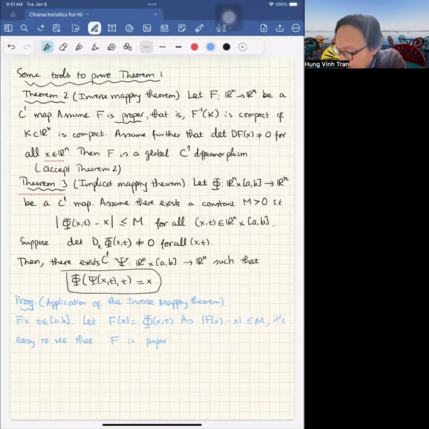Then further, remember that the determinant of df of x is nothing but the determinant of dx phi of xt, which is not zero, right? So this implies right away that f satisfies the assumption of theorem 2. So this implies that f is a global C1 diffeomorphism, right?